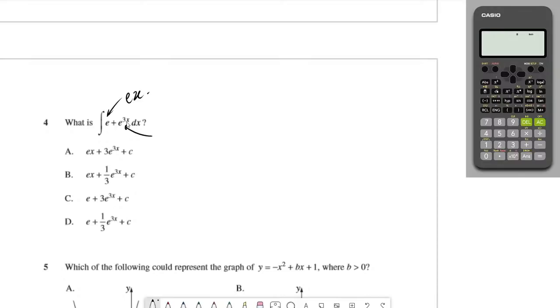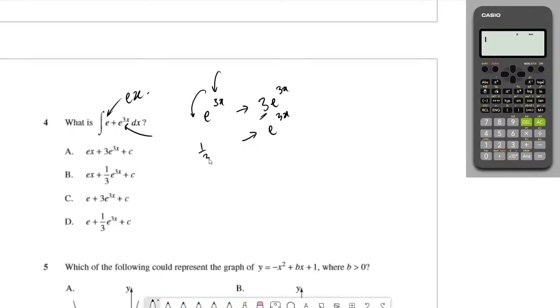E to the 3x, so think about what we would have needed to differentiate to get there. So if I differentiated e^(3x), then I would get 3e^(3x). So the derivative of the inside comes down the front. But we want to end up at e^(3x), so we don't want this 3 here.